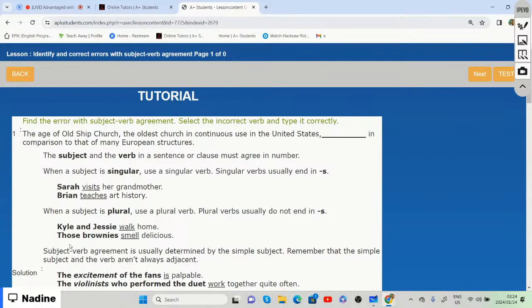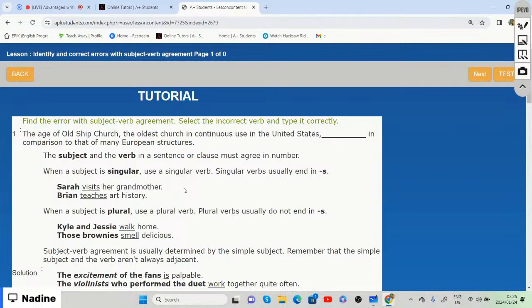All right. So we see that the subject as well as the verb within a sentence or clause must agree in number. And when a subject is singular, we use a singular verb, and singular verbs usually end in S. And if we look at a few examples, it says, Sarah visits her grandmother.